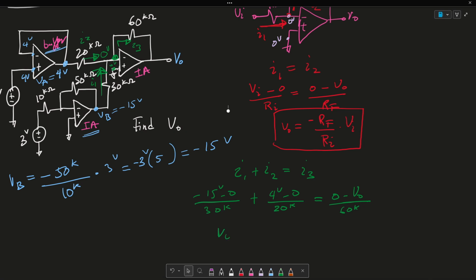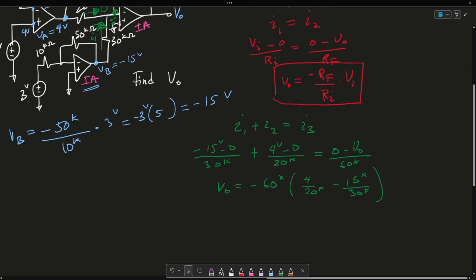So VO is equal to minus 60K times 4 over 20K minus 15 over 30K.